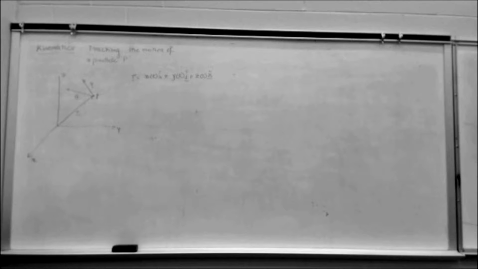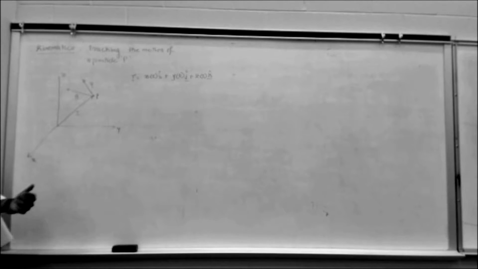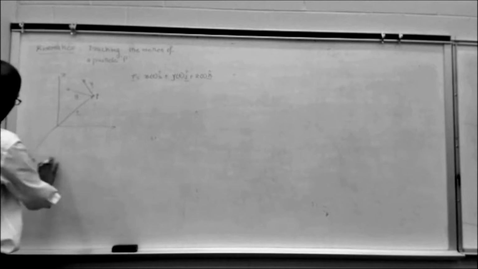So what is x, y, z? x, y, z are the components of this particle in the x, y, and z direction, and i, j, k are the unit vectors in this direction. Okay, so you can take these as i, j, k.